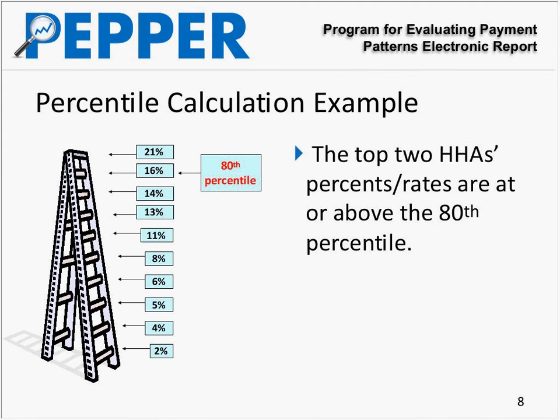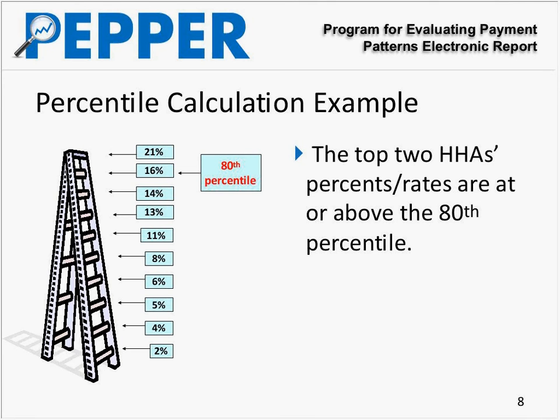Let's take a look at a simple picture to help reinforce this message. Here we have a ladder, and in our example, each rung of the ladder represents one home health agency's target area percent, which you can see in the box to the right of each rung. Note that these percents are sorted from highest to lowest. Now keep in mind that this is a very simple example.